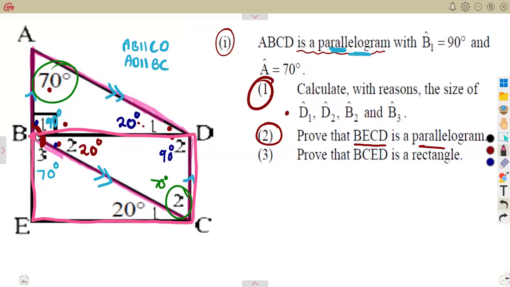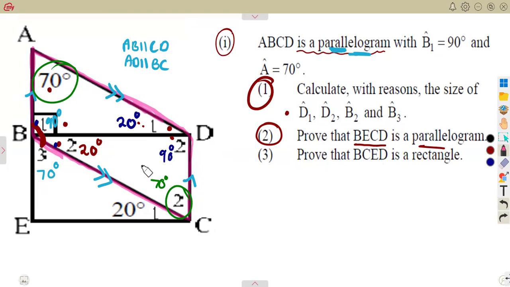Remember the concept of a parallelogram, guys. We can consider if opposite sides are parallel. We can consider the issue of the opposite angles, any reason that you can use for the parallel lines. That's for us to prove that it's a parallelogram.